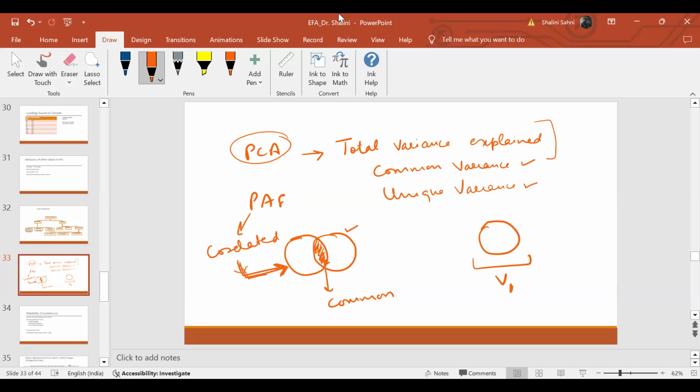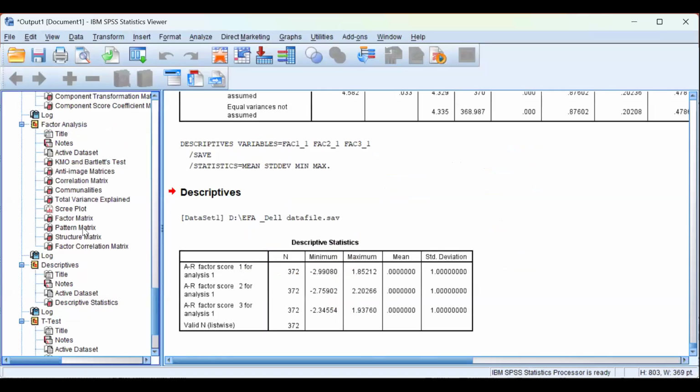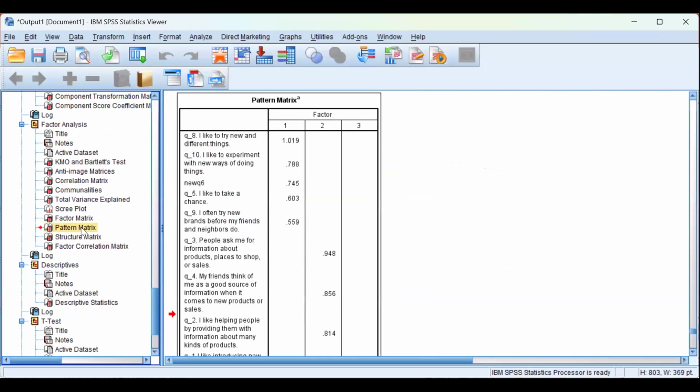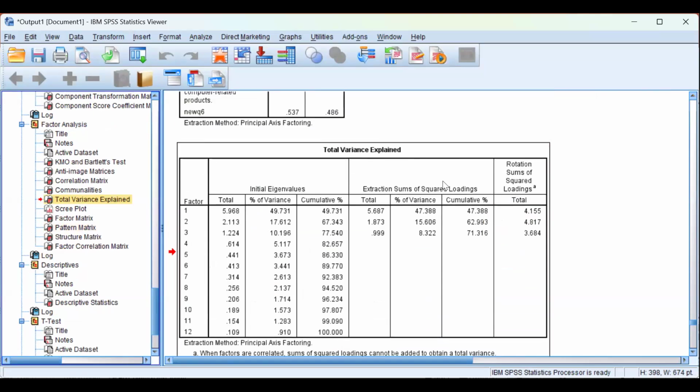If I show you the results here, total variance explained. See, this is when we went for this test, PAF. Rotation was PAF. Can you see? It is only showing you total variance explained here, only here, right?